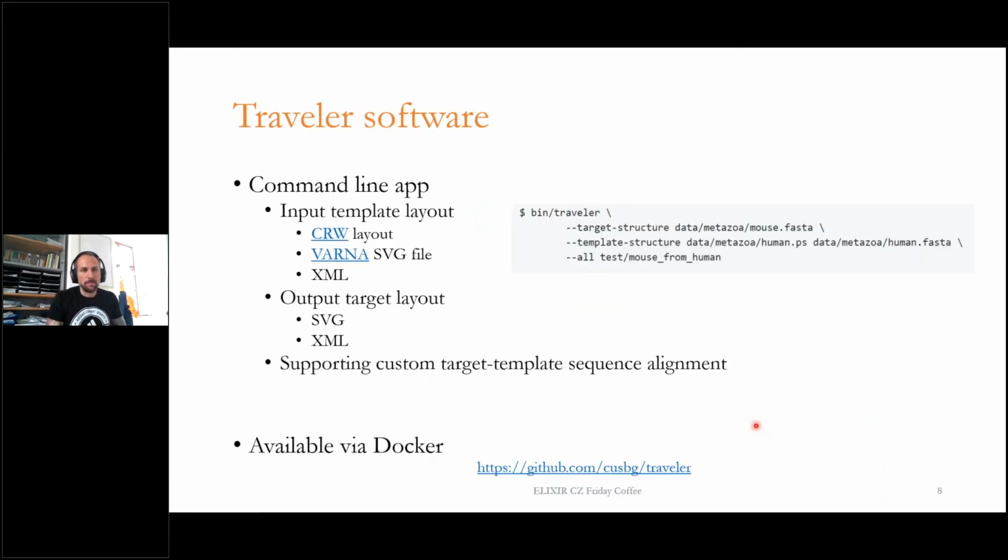Okay, and I said that it's written in C++, so in order to run it, you need to compile it and so on. That might be difficult for some users because of all the dependencies and so on. So it's also available via a Docker container at this address. Okay, so that's the Traveler tool itself.